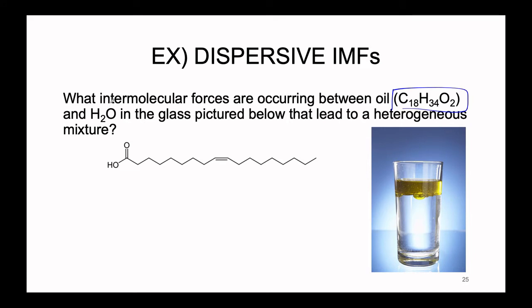If we put these two things together, observationally, we would see a heterogeneous mixture occur because the oil is going to float on top of the water. My question to you is, what intermolecular forces occur between oil molecules and water molecules that lead to this heterogeneous mixture?